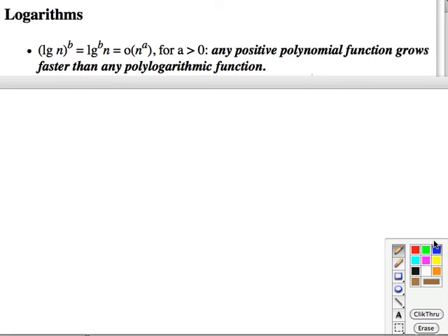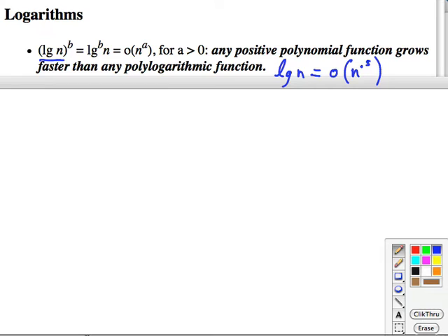So now let's look at logarithms. The simplest version of what this is saying is that if you take the log of n, it's always going to have a slower growth rate than n to any positive power. N to the 0.5, for example, will have a higher growth rate. And this is also true when you exponentiate the log.